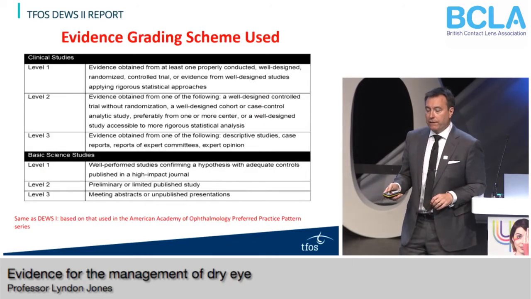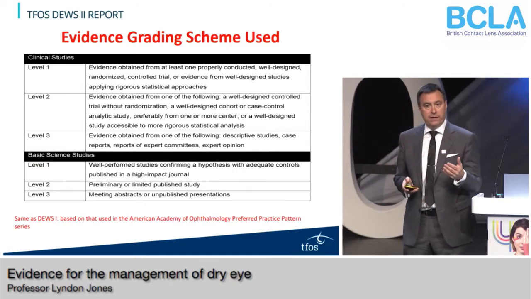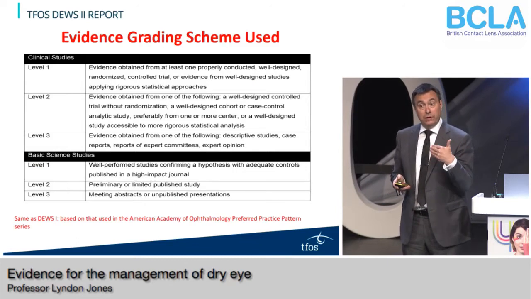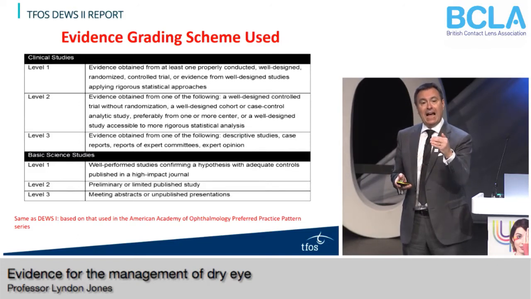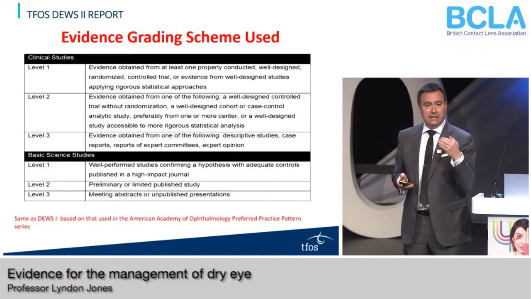In terms of the evidence that was available, it's very important when you review the peer-reviewed literature to look at the level of that evidence. How well conducted was that study?